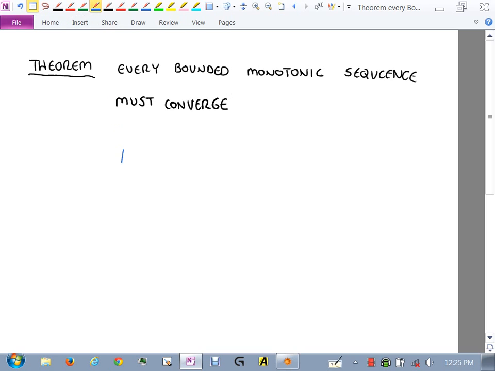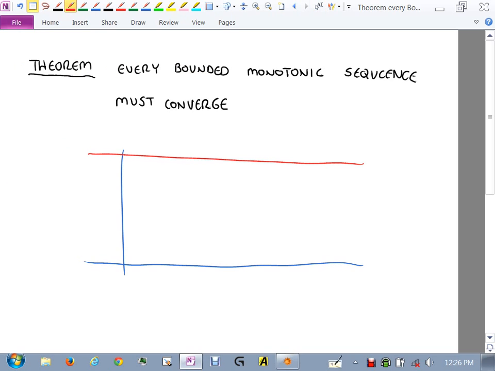Let's say I have a sequence, and it's bounded. What does bounded mean? It's got a ceiling and it's got a floor. Monotonic means it's either increasing or decreasing. So let's say it's increasing. It starts here, the next one must go above that, and the next one above that, and as I keep moving to the right, it keeps going higher.